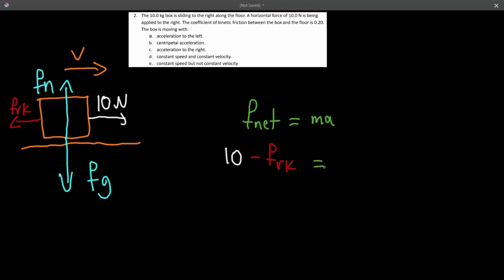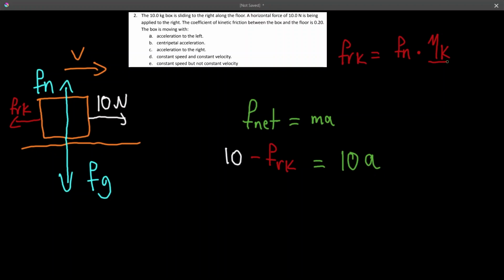The mass is given. You have the mass is 10, times a. And now we have to calculate the kinetic friction. Well, we know that kinetic friction is equivalent to the normal force, Fn, multiplied by the coefficient of kinetic friction, mu k.